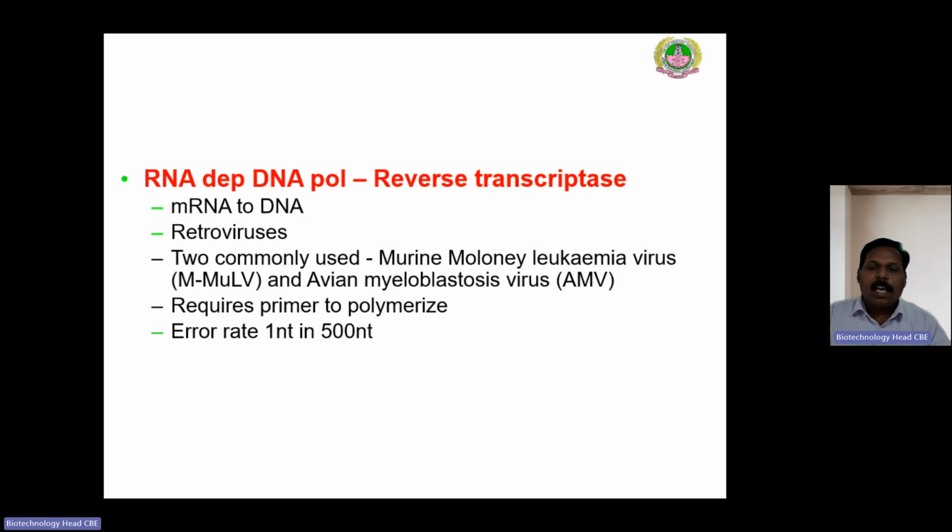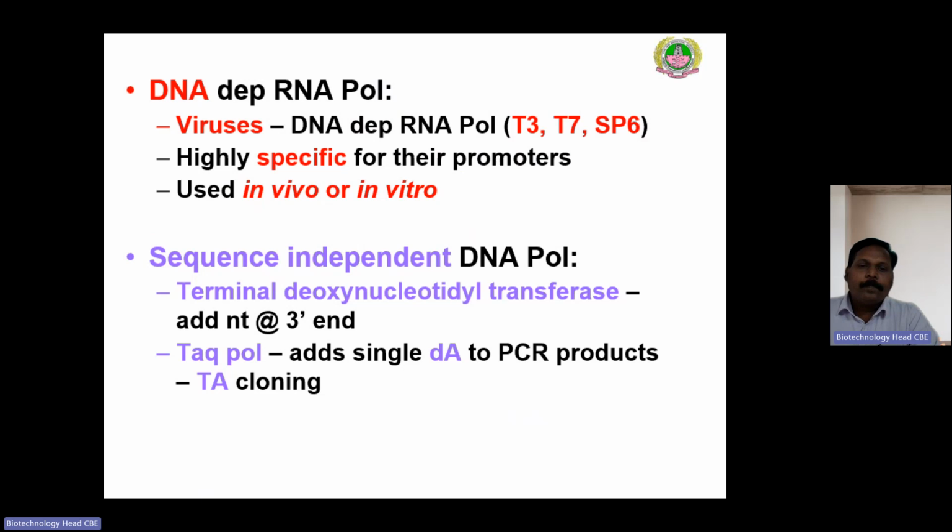One is from the murine Moloney leukemia virus, MMLV. The second one is AMV, that is avian myeloblastosis virus. And these enzymes need a primer to polymerize, and this enzyme synthesizes DNA fragment with an error rate of 1 in 500 nucleotides. Means the frequency is very, very low.